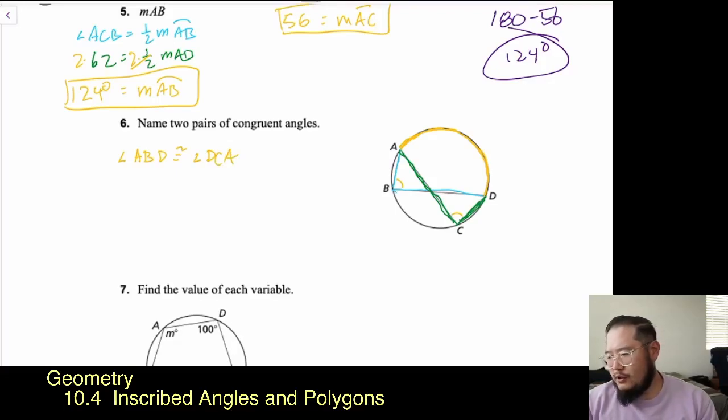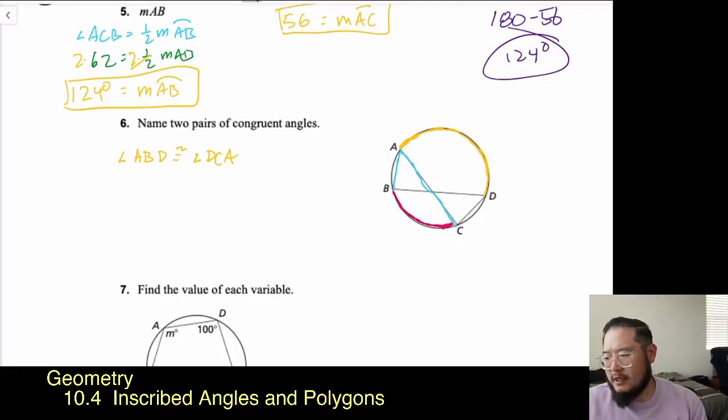And based off of those two angles as well, hey, maybe there's another one. There's supposed to be two. So what's the other one right here? Let me highlight this arc right here, B to C this time. Let me go ahead and erase what I have right there. And if I take a look, let me highlight now angle BAC.